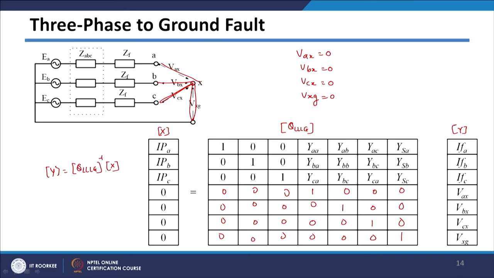So, in this particular lecture we have seen how we can use phase variable based analysis, because we have seen there are some limitations of sequence component based analysis in case of distribution system. That is basically because of unbalance in the system as well as transposition not existing in distribution system.